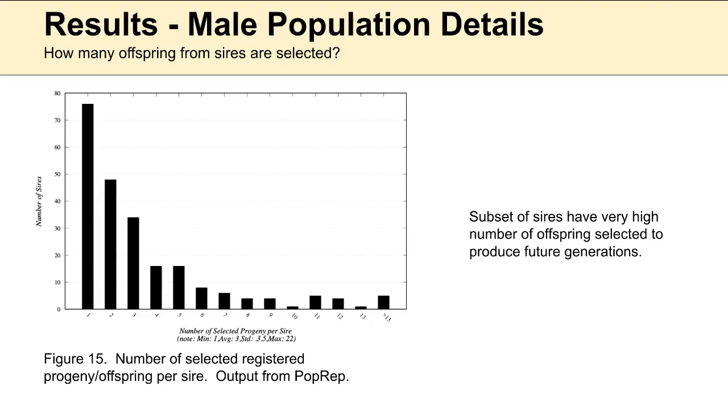And again, the popular sires are having more than 13 puppies selected, decreasing diversity in the generation they're going to produce puppies for. And many sires are only having fewer than 3 puppies selected. And this is all the male portion of the Silken Windhound population.